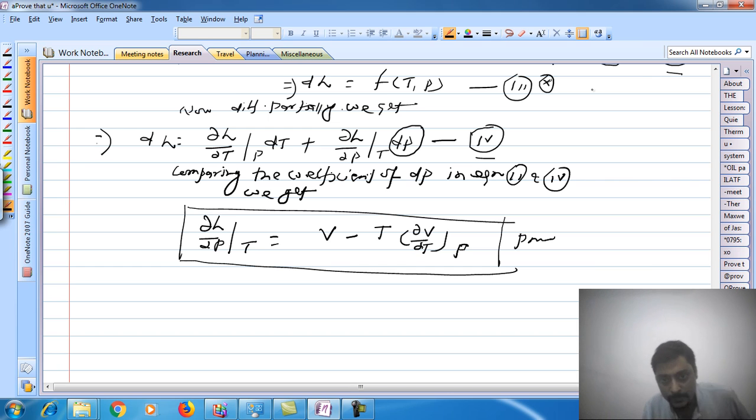Now if you look carefully at this equation, there is an important observation also. What is the important observation?